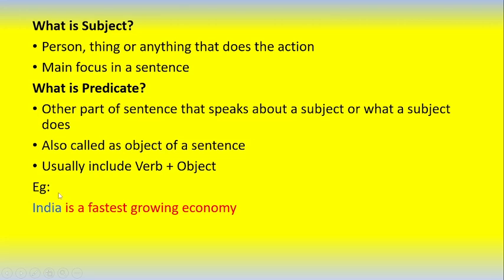In this sentence, India is the subject because it is about India that it is spoken in the next line. Is the fastest growing economy is the predicate, where there is a verb and there is an object; growing economy is the object. So a predicate includes a verb and also an object.